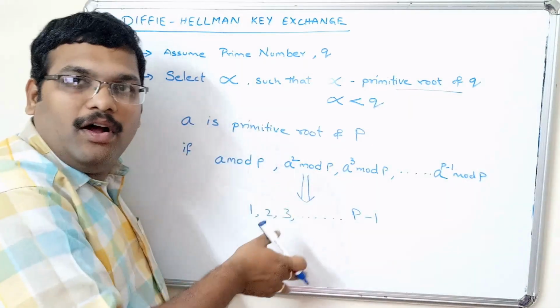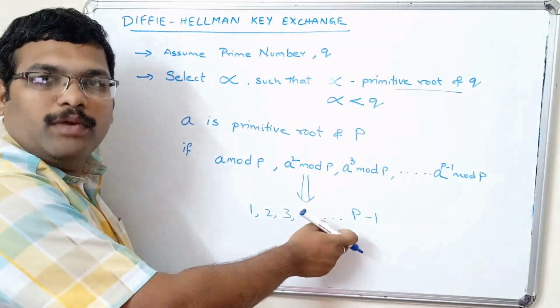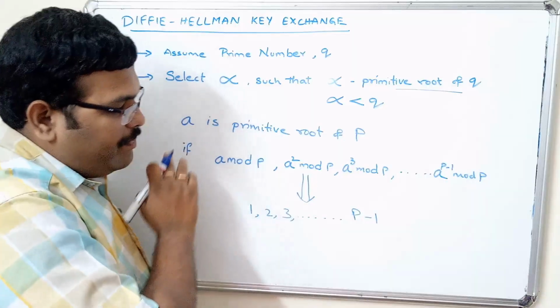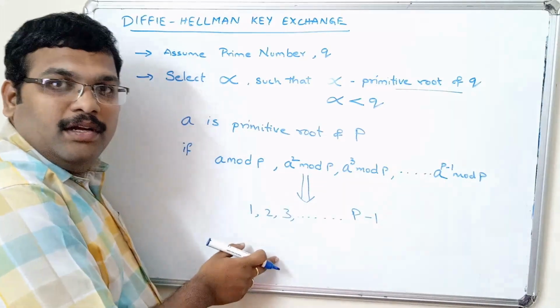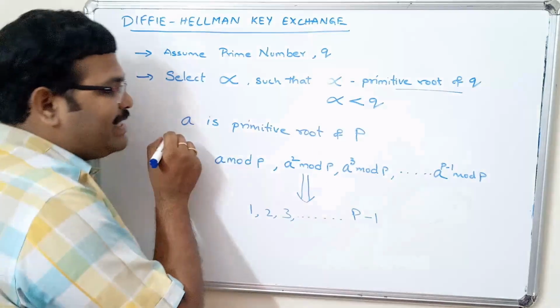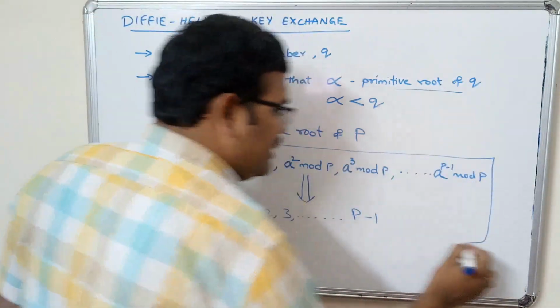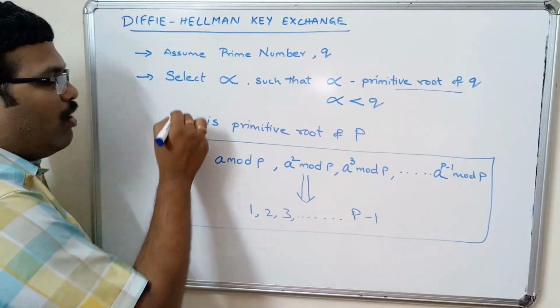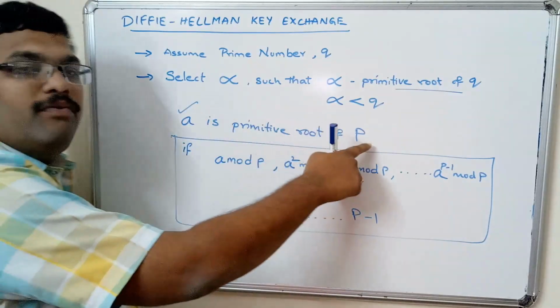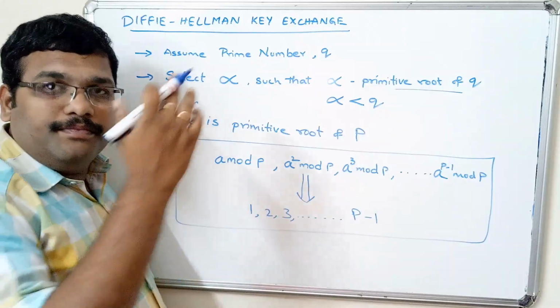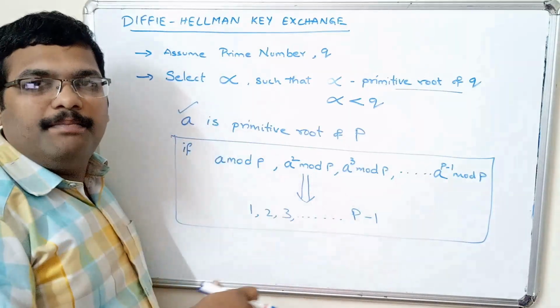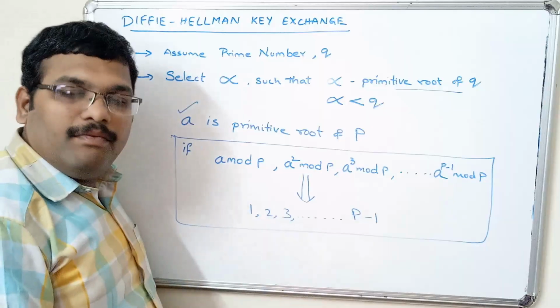So we have to get all the values from 1 to p minus 1, and the values should not be repeated in the result. If this condition is satisfied, we call a a primitive root of p. I will explain how to find the primitive root when we see the problem.